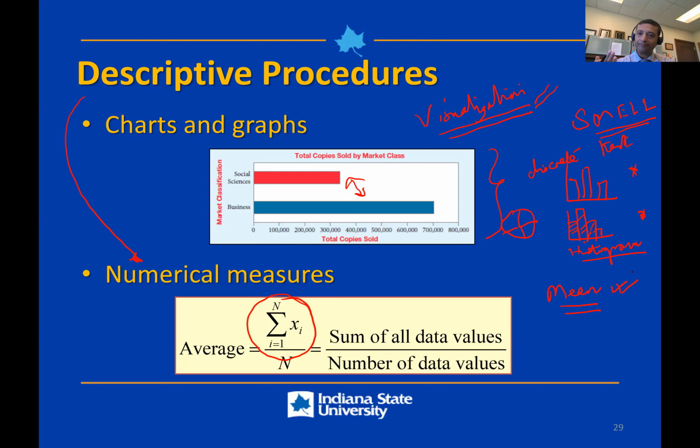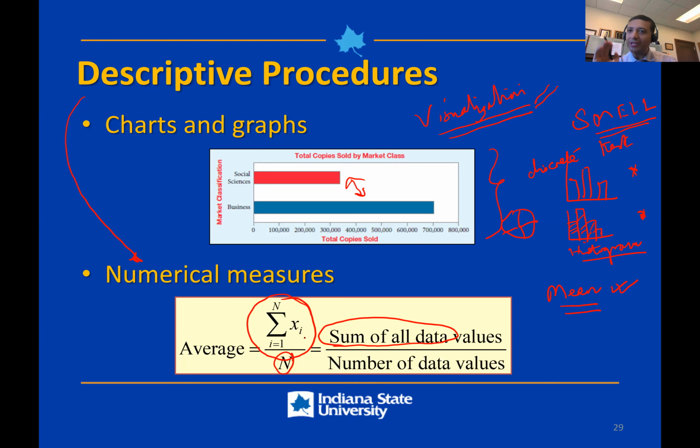But then it comes with its own disadvantages as well. Because the mean takes all the data points equally into consideration: you are adding them up, and then you are dividing by n, which basically means that you are taking each one of those points as equally important.